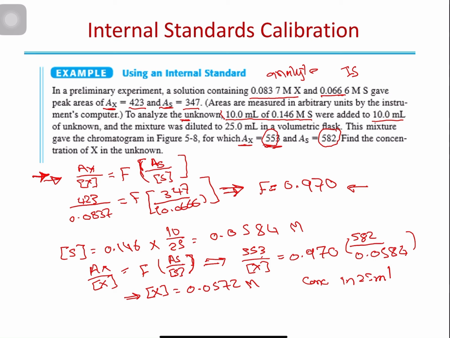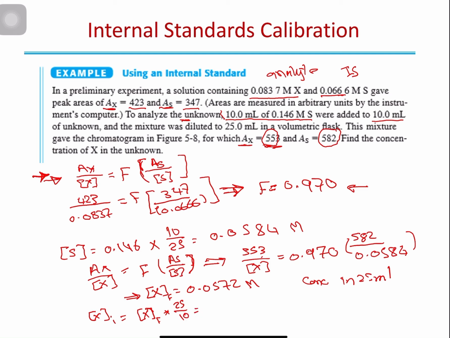So again, using C1V1 equals C2V2, you will find that the concentration of X, the initial one, will equal the final one, which you can call XF, times 25 over 10.